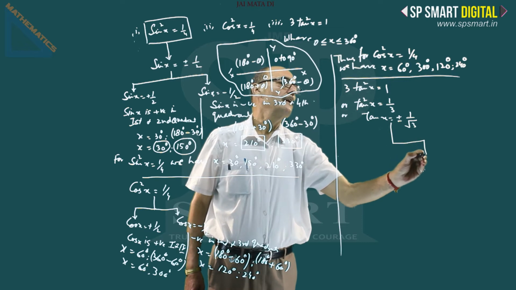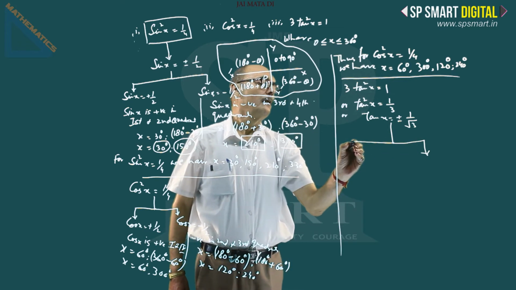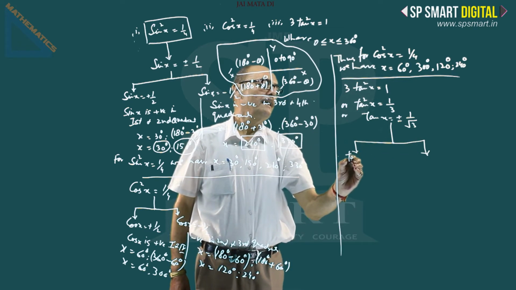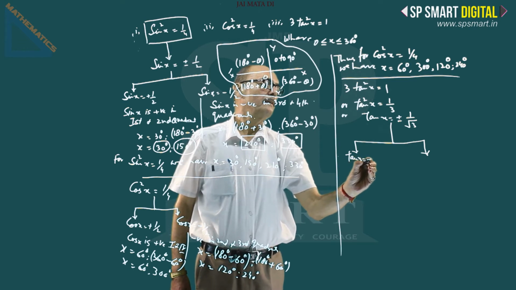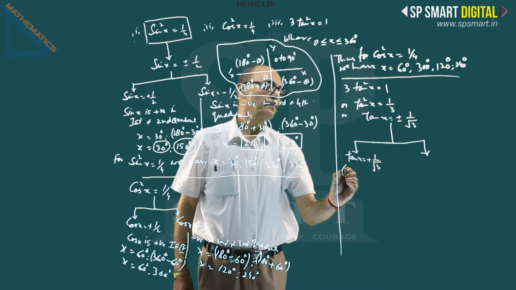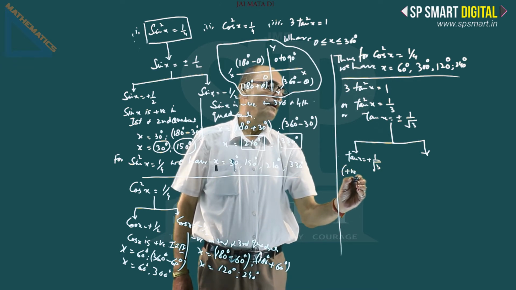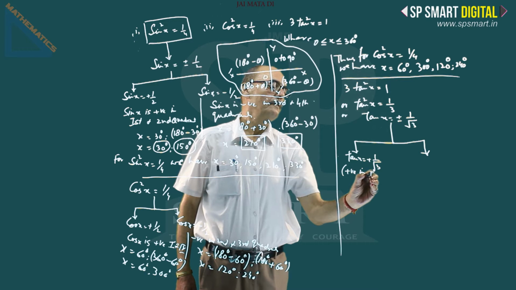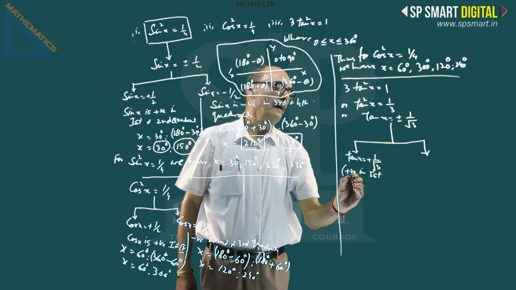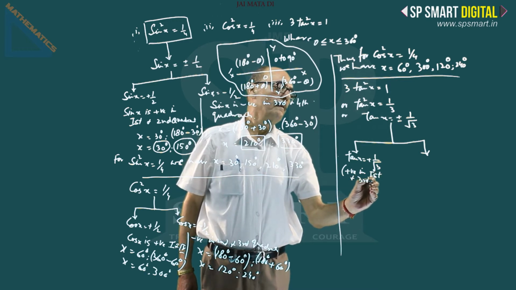So, here in this case tan x equal to plus 1 by root 3, this is positive in first and third quadrant.